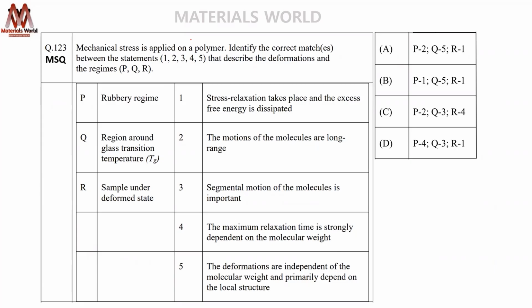So what is stress relaxation, the process during either rubbery or deformed state? And what is long range molecular motion? What is segmental motion, and at what temperature will it be there in a polymer?